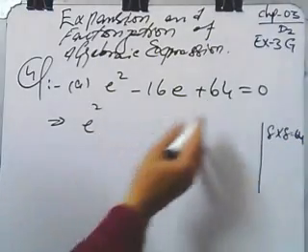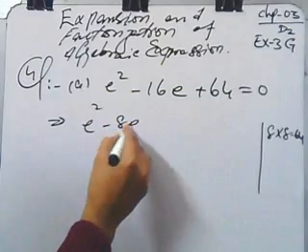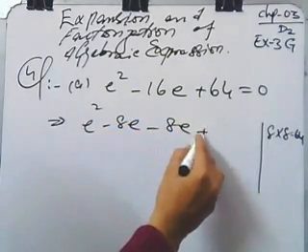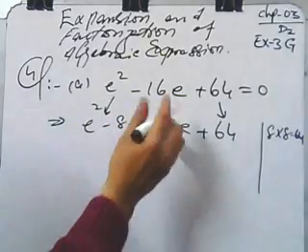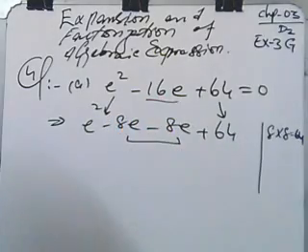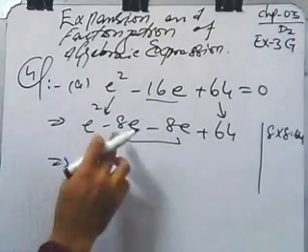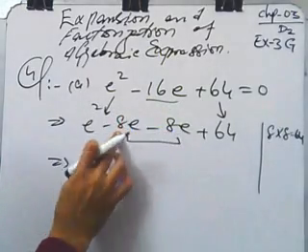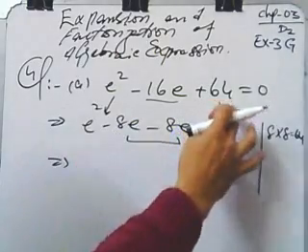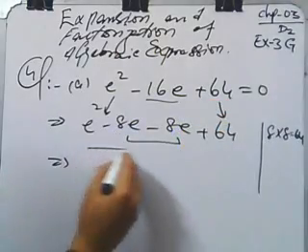So you use here e square minus 8e minus 8e plus 64. You have to write it like this, only you have to make the factors of these two. So minus 8 minus 8 is minus 16, and after multiplication minus 8 multiplied with minus 8 is plus 64. So these are the perfect square. Make the pairs.